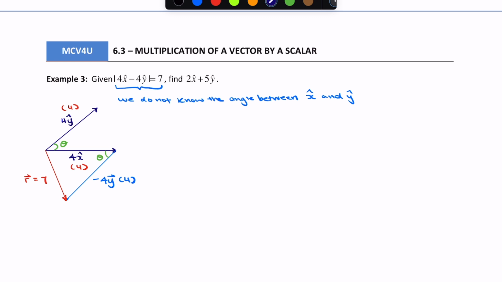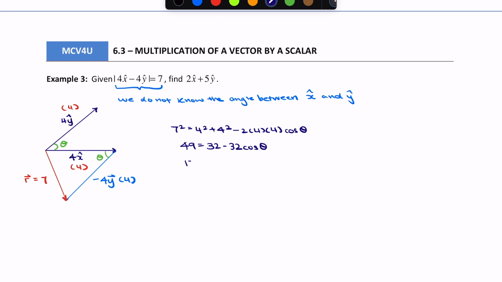And here we're going to use cosine law again. And so 7 squared is equal to 4 squared plus 4 squared minus 2 times 4 times 4 cos theta. Okay, so 49 is equal to 32 minus 32 cos theta.